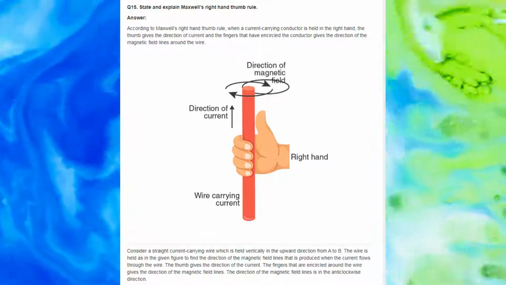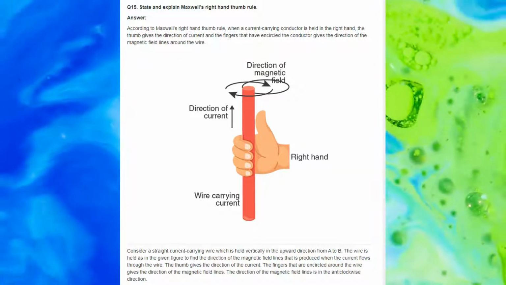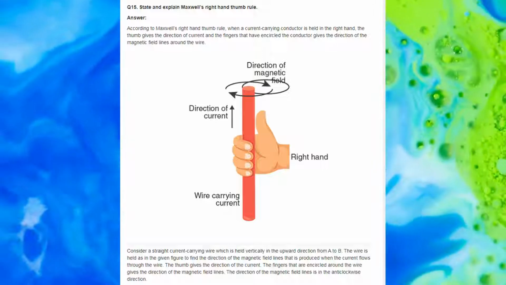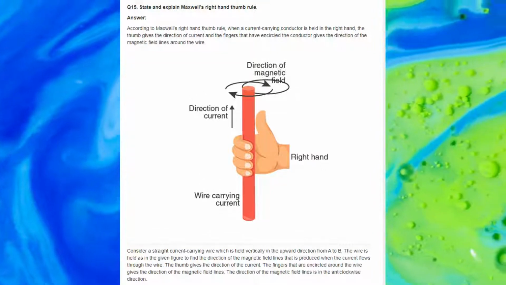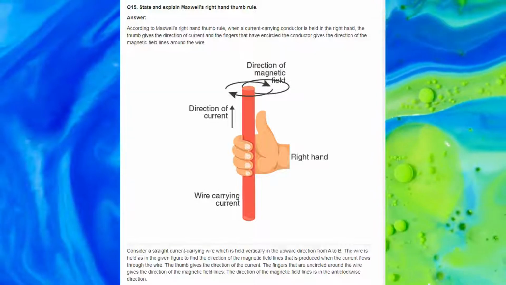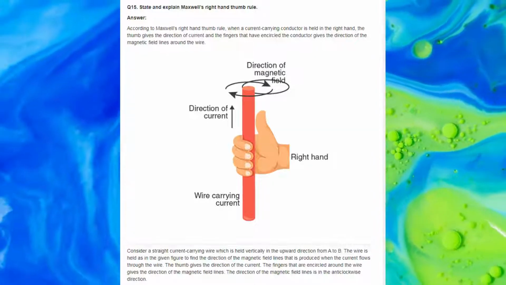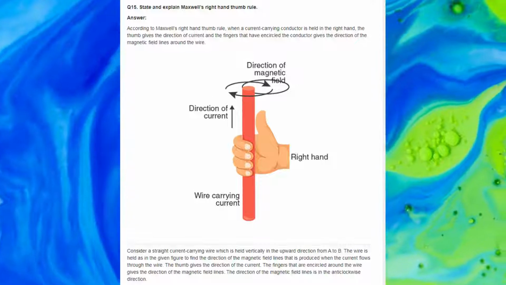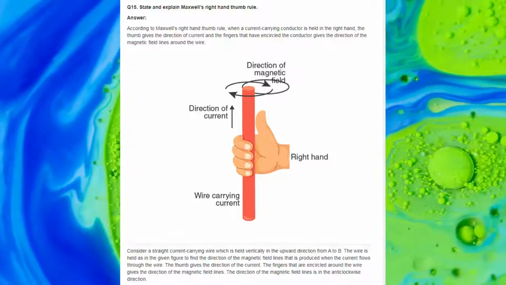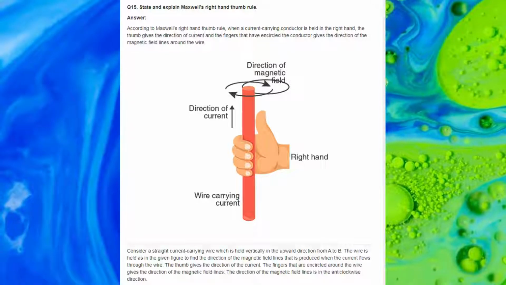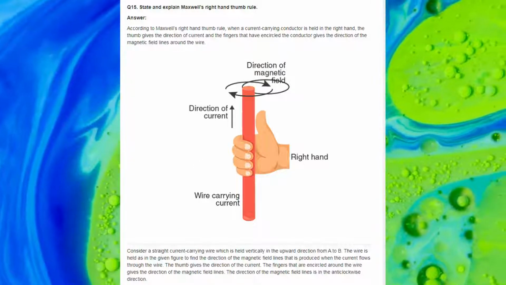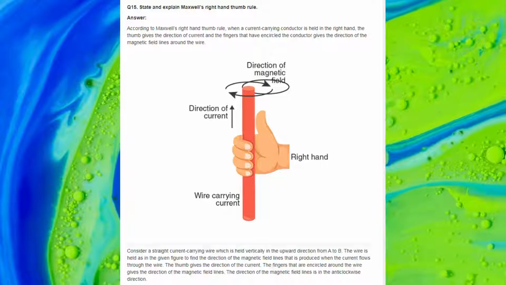State and explain Maxwell's right-hand thumb rule. Answer: According to Maxwell's right-hand thumb rule, when a current-carrying conductor is held in the right hand, the thumb gives the direction of current and the fingers that encircle the conductor give the direction of the magnetic field lines around the wire. Consider a straight current-carrying wire which is held vertically in the upward direction from A to B. The wire is held as in the given figure.